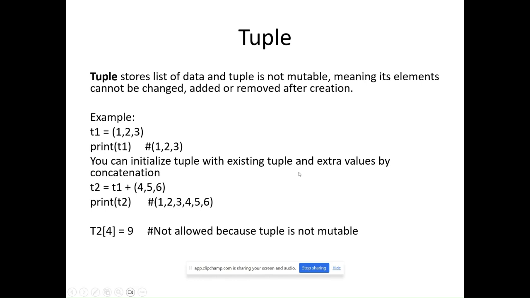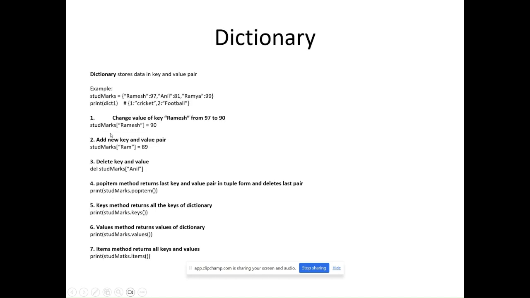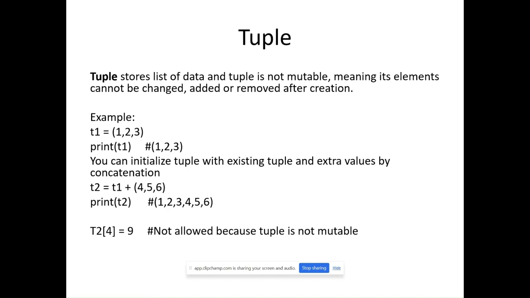We can do one operation, that is concatenation. What it means is, if you already have one tuple, for example, I declared t1 equal to 1 2 3, you can use this tuple to create one more tuple. Here I am creating the t2 tuple using the existing tuple plus extra values. Using the plus concatenation symbol, you can create one more tuple using an existing tuple.